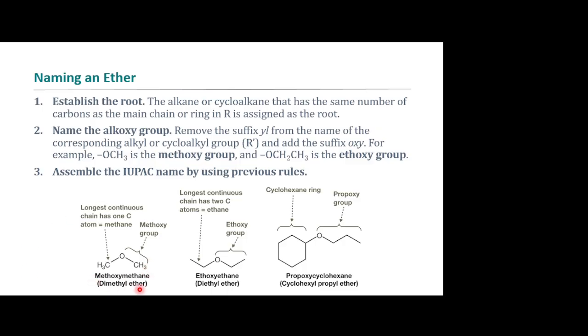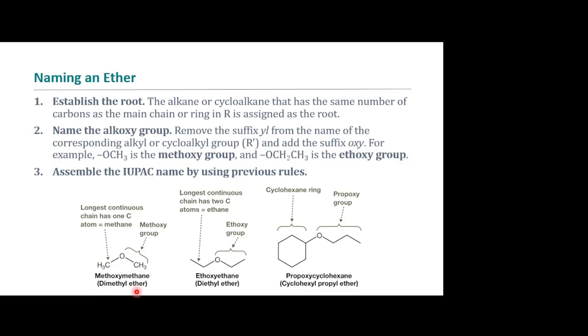Okay. This is the common name, by the way. This is dimethyl ether. And what you do for the common naming is you literally just name the things that are on the ether as if they're substituents. So just substituent naming. So di-methyls off of an ether. The common naming actually made more sense.